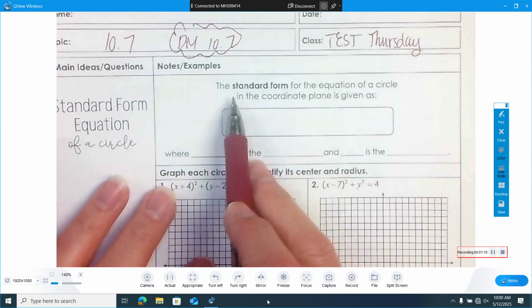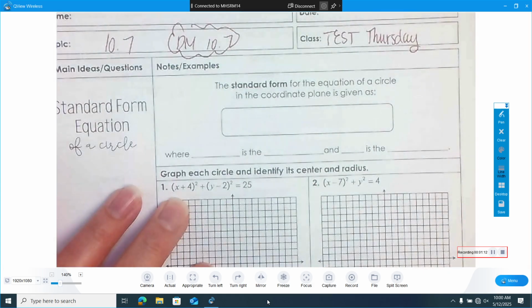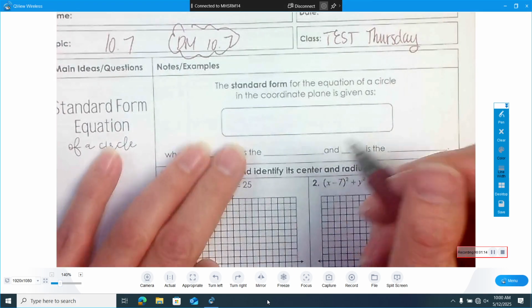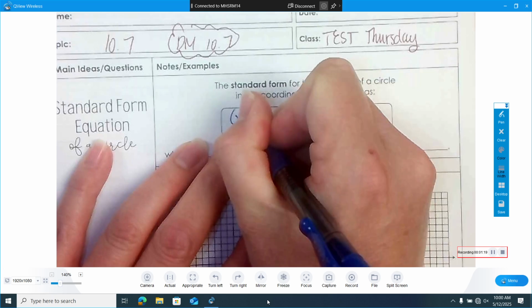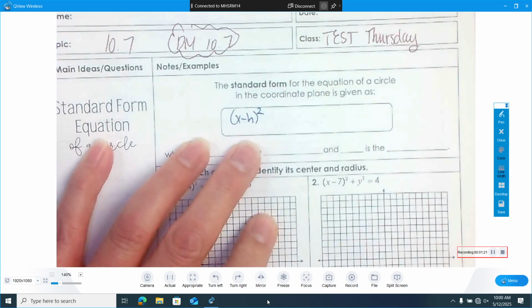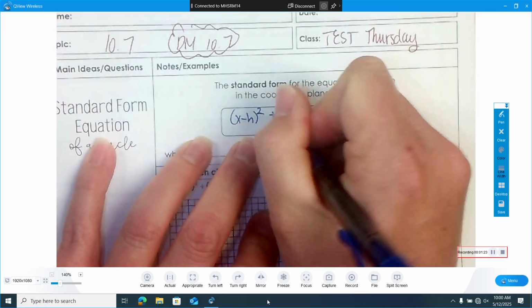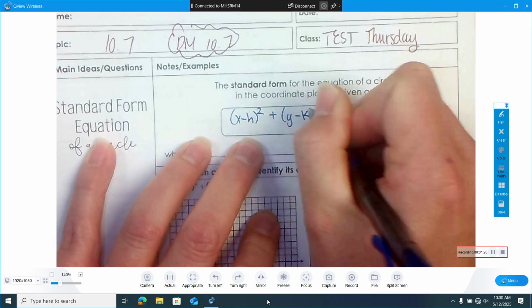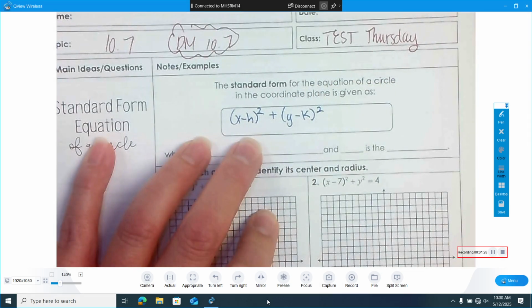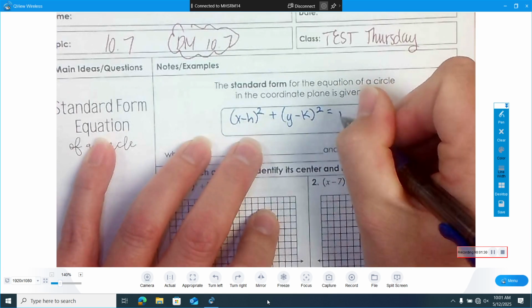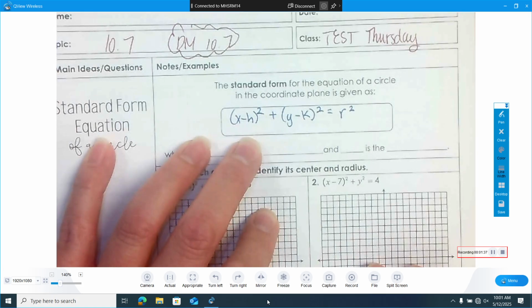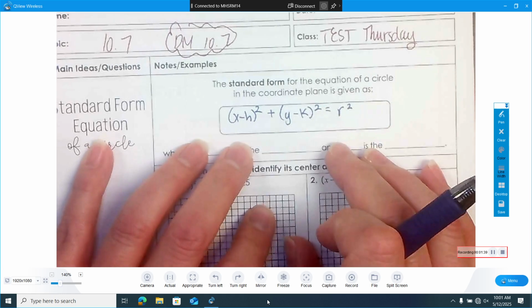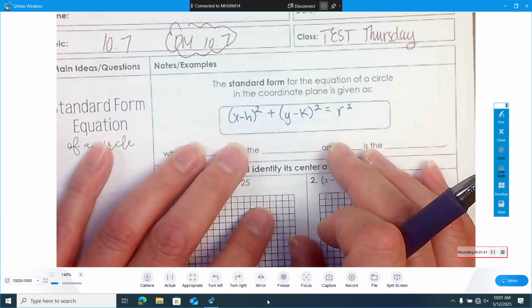We're working with the standard form of an equation of a circle, which is (x minus h) squared plus (y minus k) squared equals radius squared. This is a standard form of an equation of a circle. So if you see something that looks like this form, it is the shape of a circle.